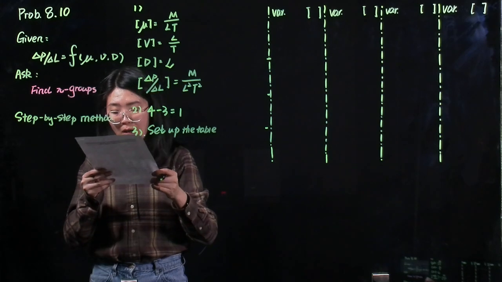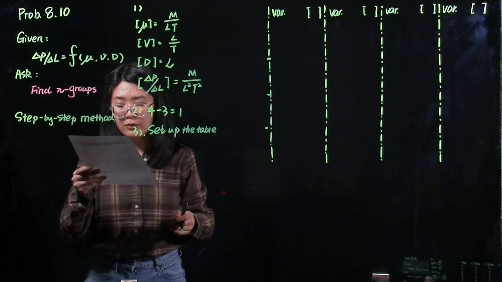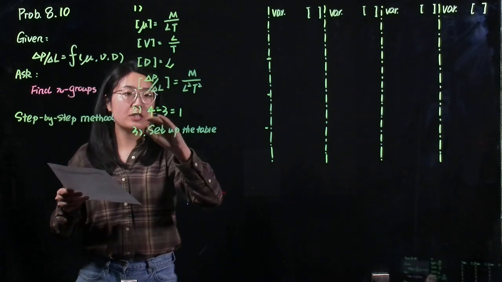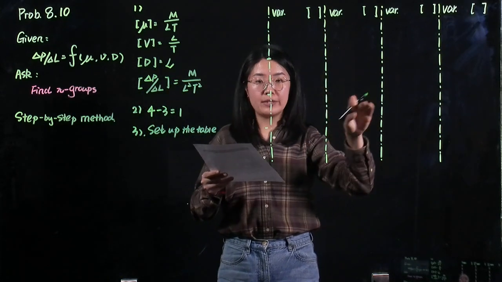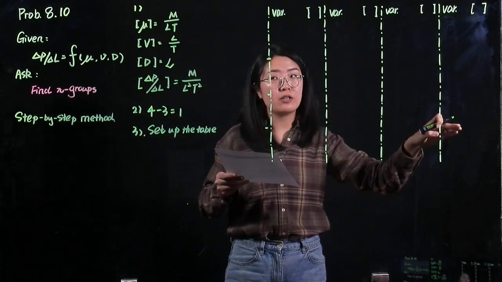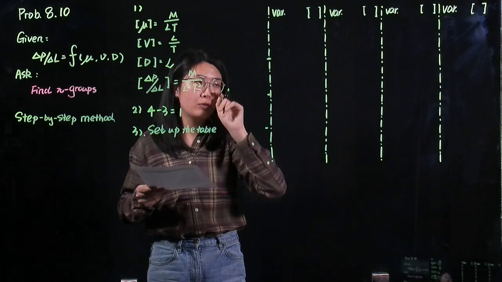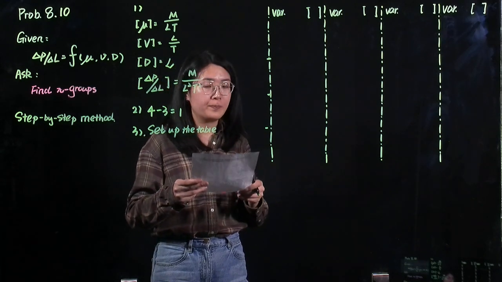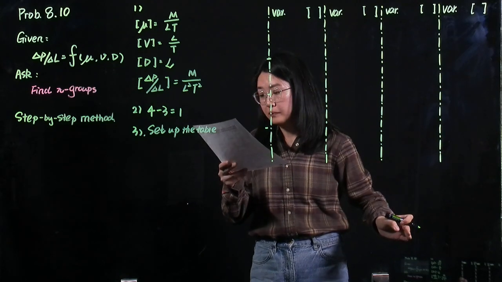The number of rows should equal the number of variables, which is 4. And the number of columns equals the number of dimensions plus 1, so 3 plus 1, which is also 4. And then we set up our table here.